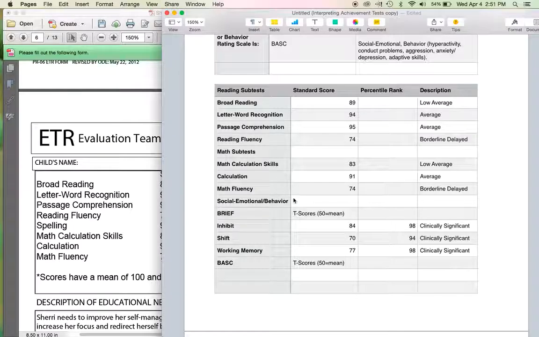I just organized those so that you can look at the skills cohesively and look for patterns in the children's achievement. So here I have the broad reading score written down all the way through the letter and word recognition, the passage comprehension, and the reading fluency subtest.